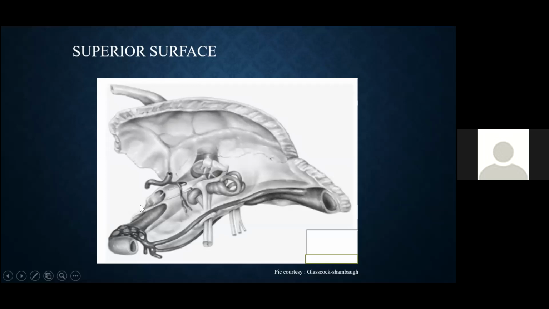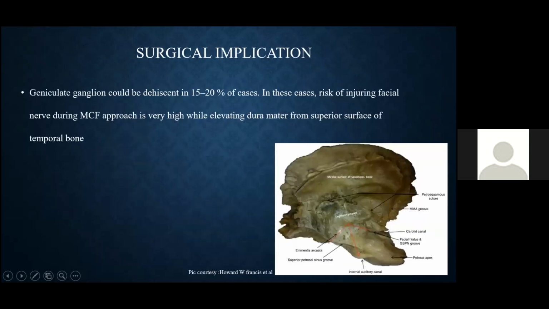bony canal. So as I said, the surgical importance of this geniculate ganglion or the GSPN hiatus is that the covering of the geniculate ganglion is very thin, around 2.5 mm, and which is sometimes dehiscent in many cases, 15 to 20% cases. So there can be a risk of injury.